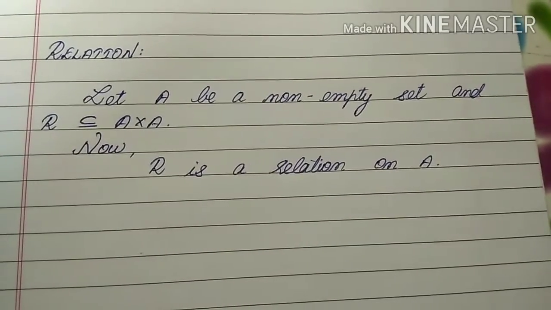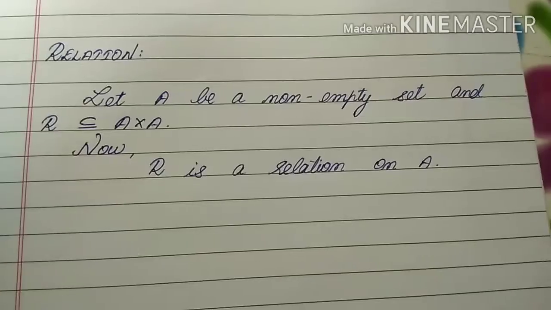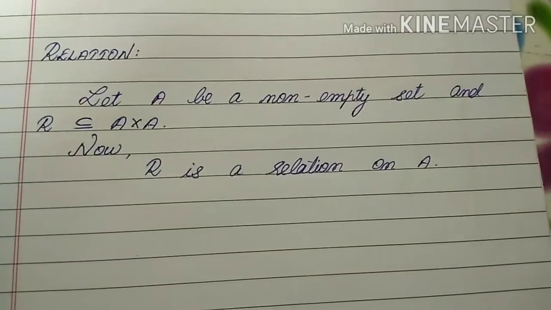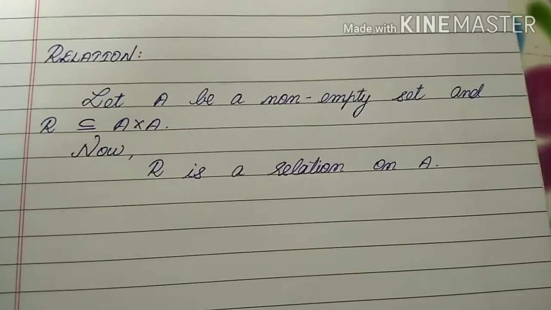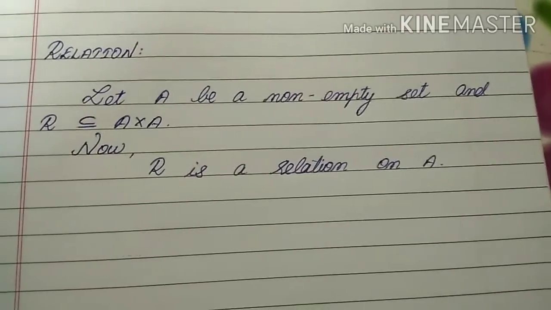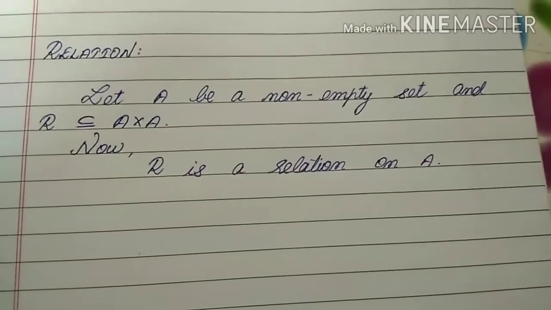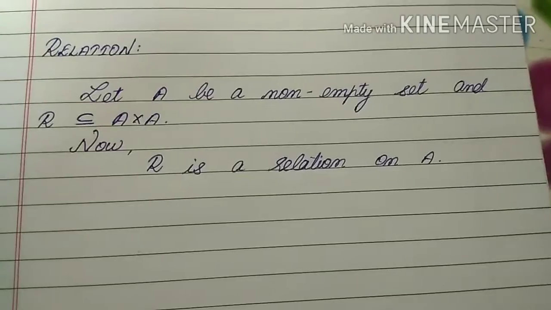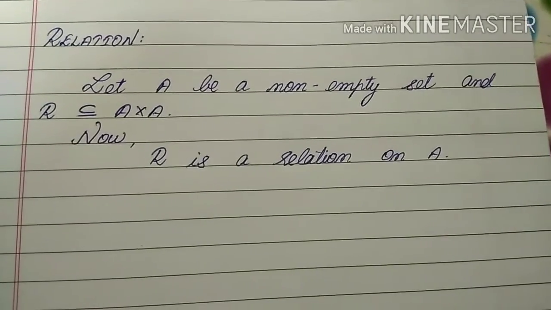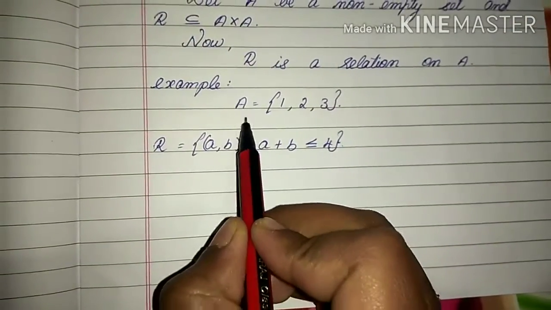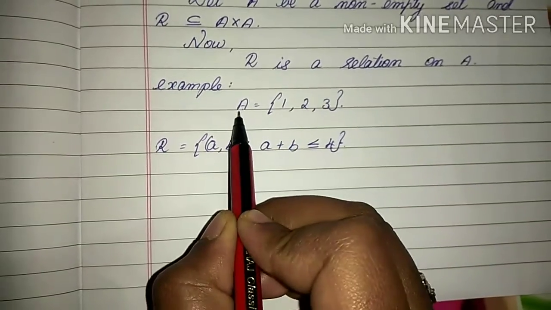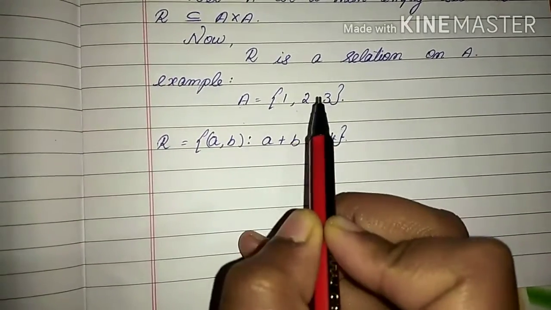So let's take, for example, a set A, which is a non-empty set. If we take any relation which is a subset of A cross A, then R is a relation on A. I think if I give you an example, you will be clear. So, for example, I have taken the non-empty set A as {1, 2, 3}.